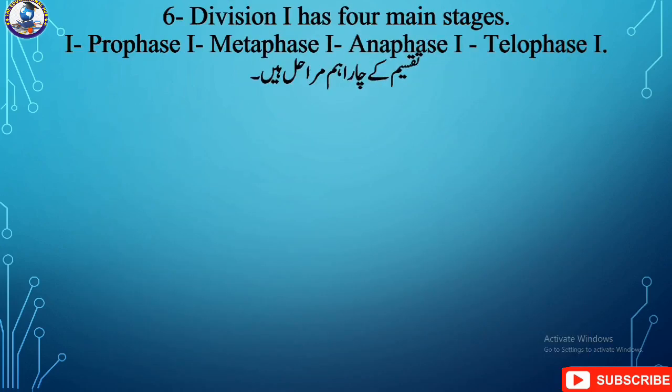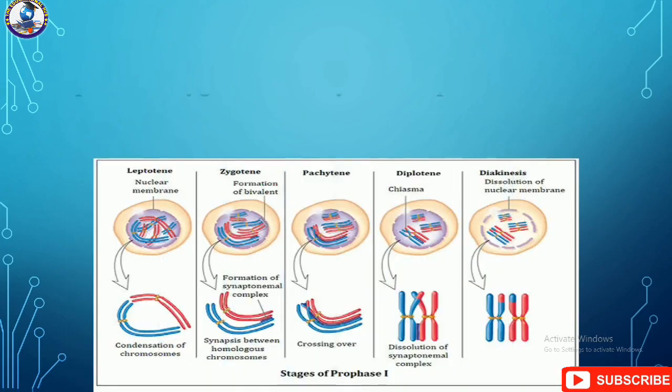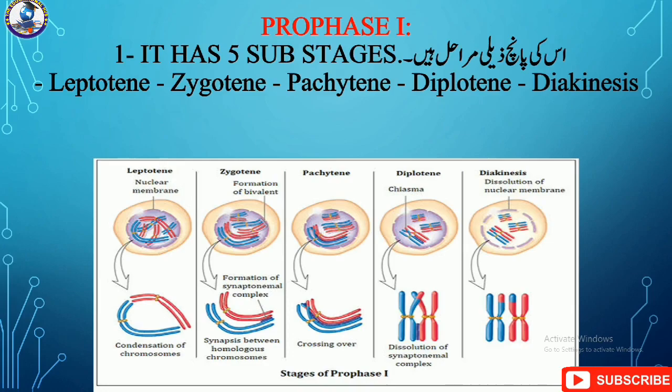So division 1 has four main stages: prophase 1, metaphase 1, anaphase 1 and telophase 1. But prophase 1 has 5 substages.